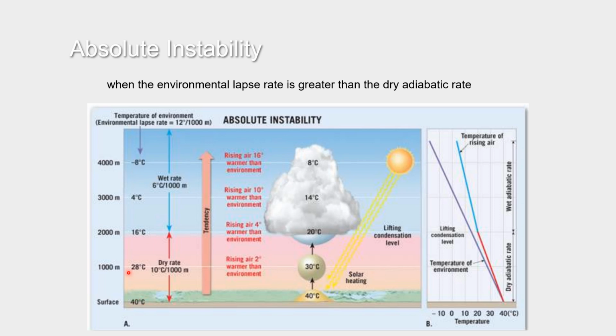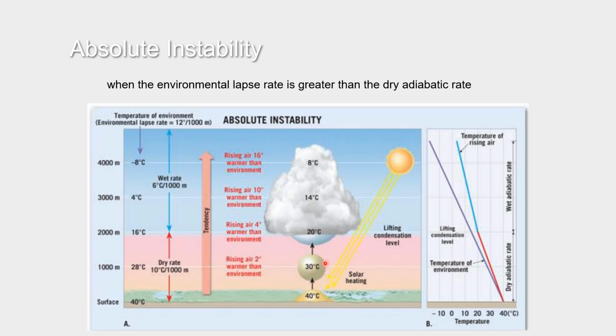Then as it goes up, the decrease is steep. So this environmental lapse rate is greater than the dry adiabatic rate, which is only 10 degrees Celsius, and the air exhibits absolute instability.